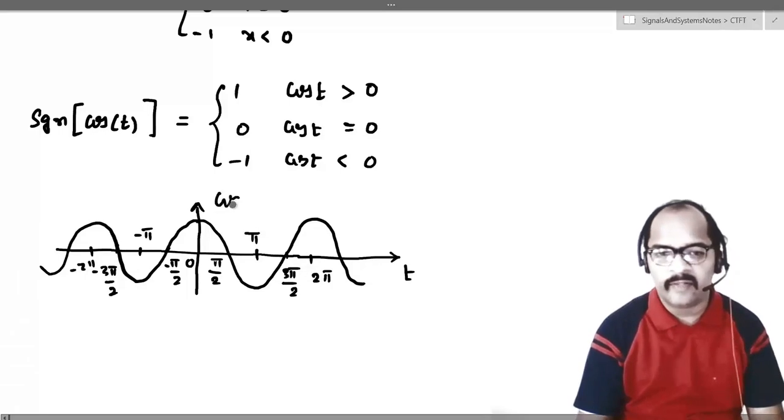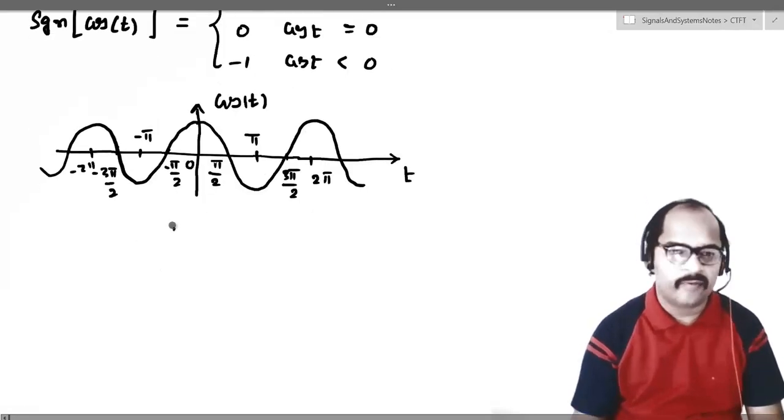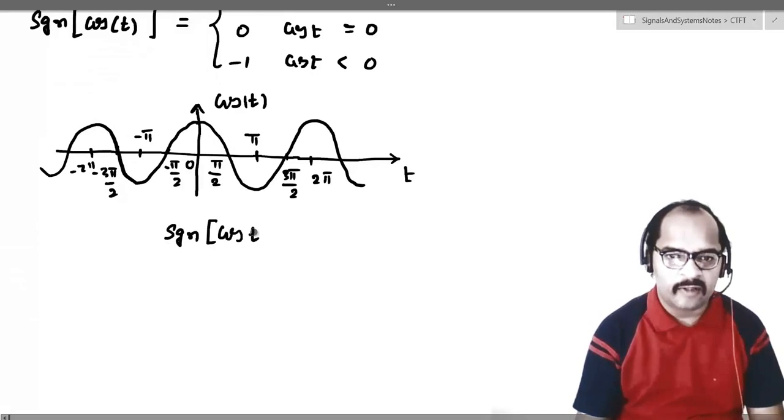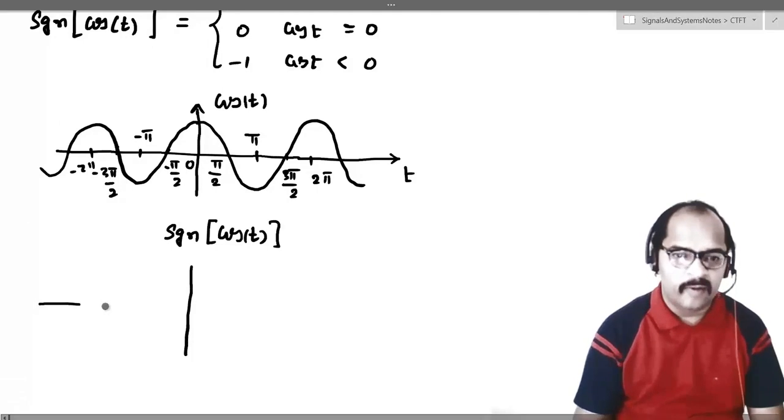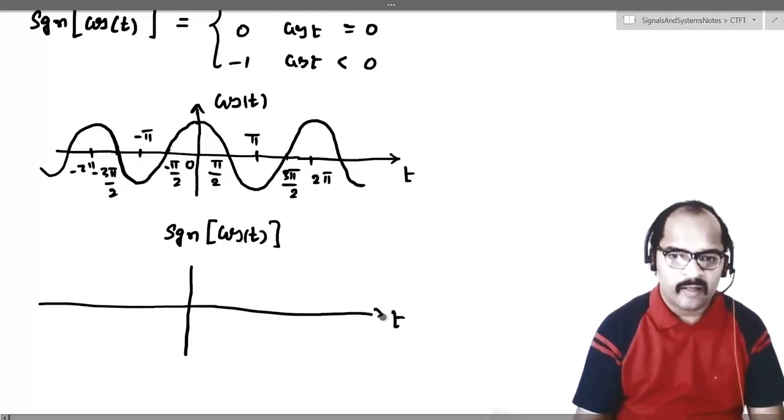So this function here is our cos t. But let us plot signum of cos t below this. How does the plot of signum of cos t look?